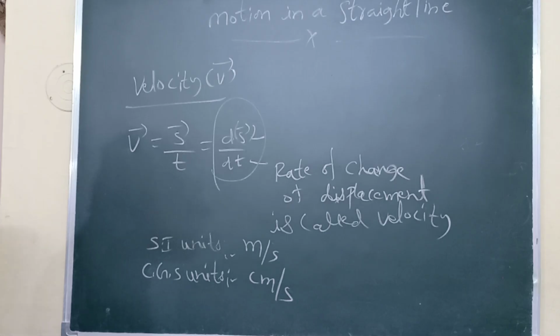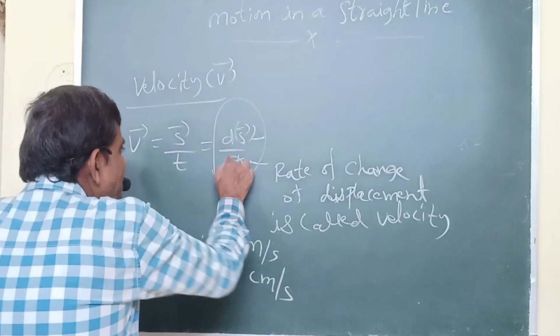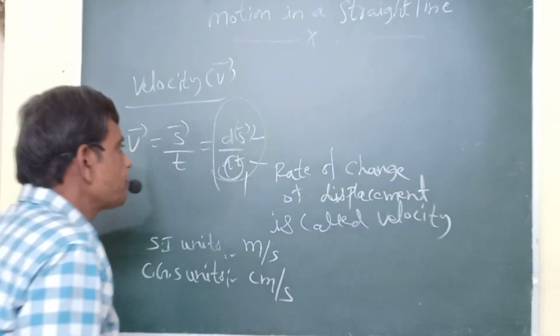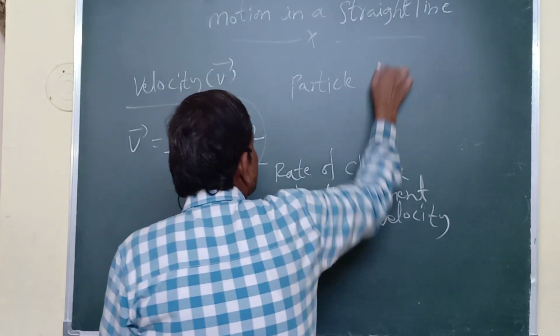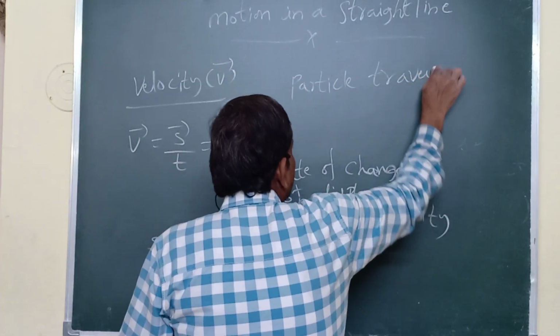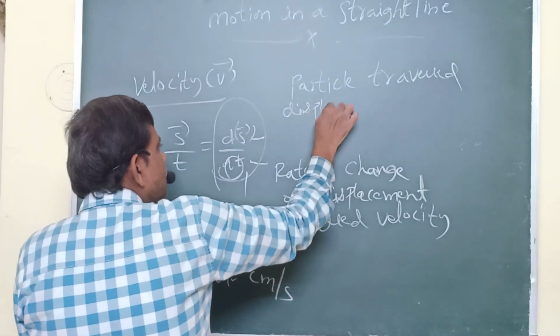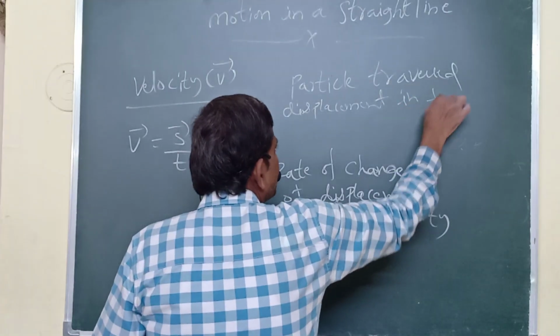Otherwise, you write another definition also. What is that? Particle traveled displacement in 1 second. That also goes to velocity. Another definition: particle traveled displacement in 1 second.